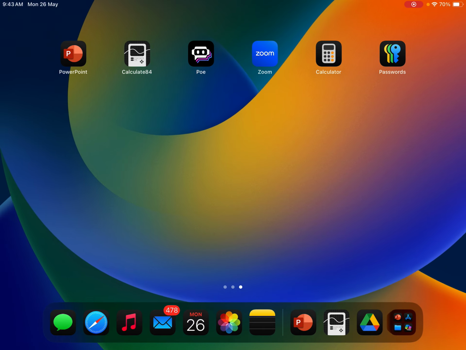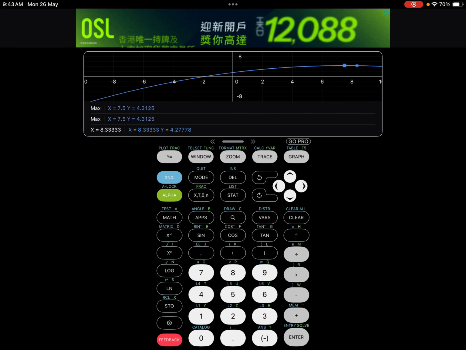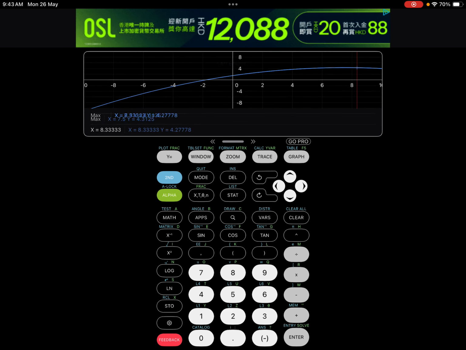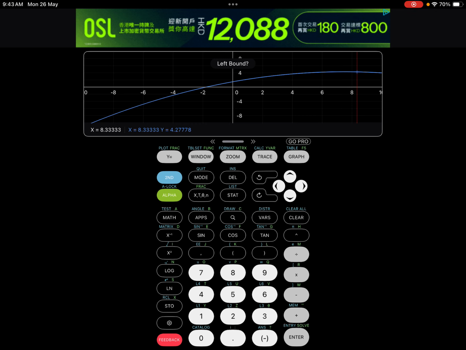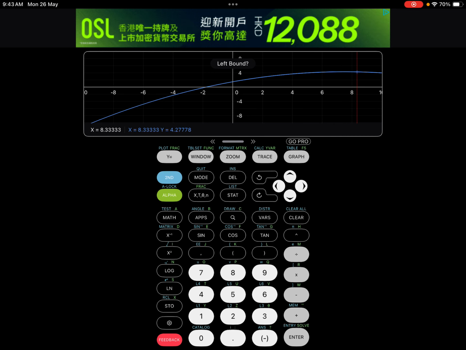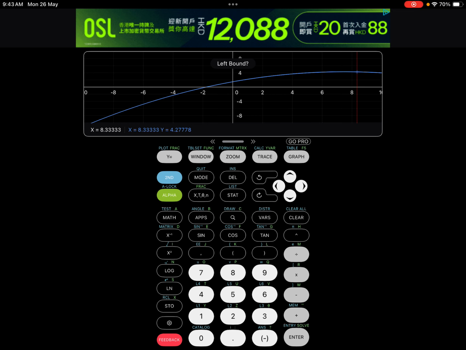Simply, we can go back to the calculator, go to second trace, and choose 0. But since the graph did not show the x-intercept, and we're not going to look at the negative portion because you can't have a negative horizontal distance, we need to change the window size for this.